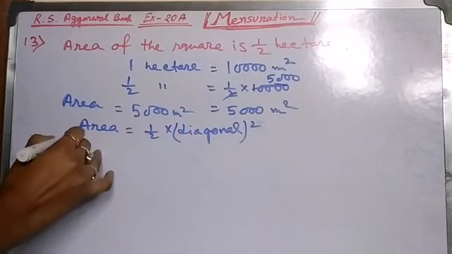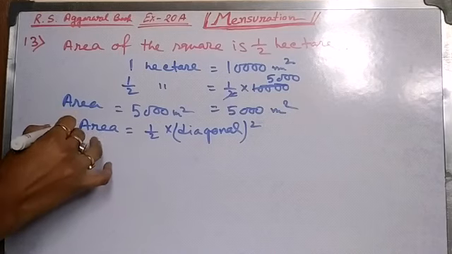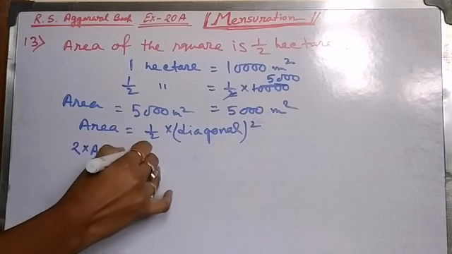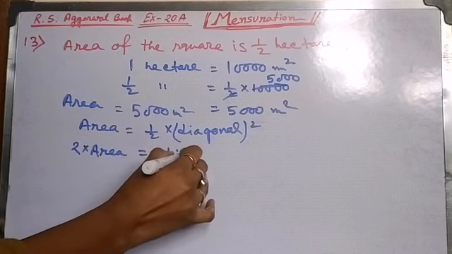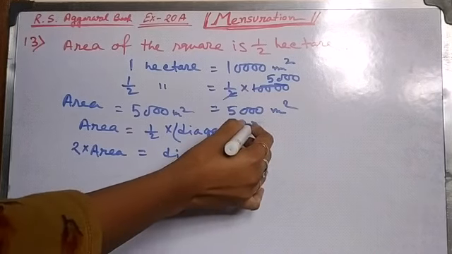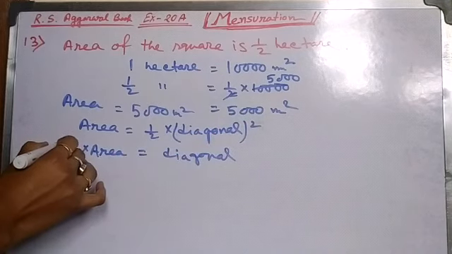Then diagonal equal to what will be? This 2 will come here. 2 into area equal to diagonal square. If I remove this square, then this will be root.